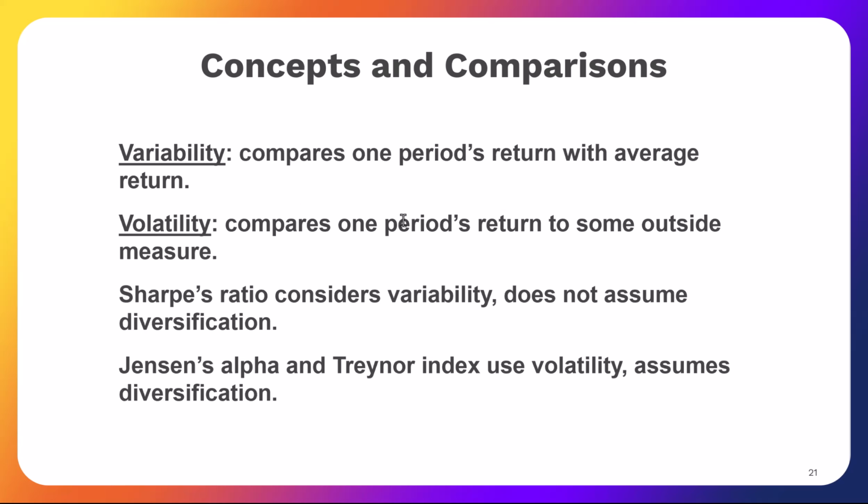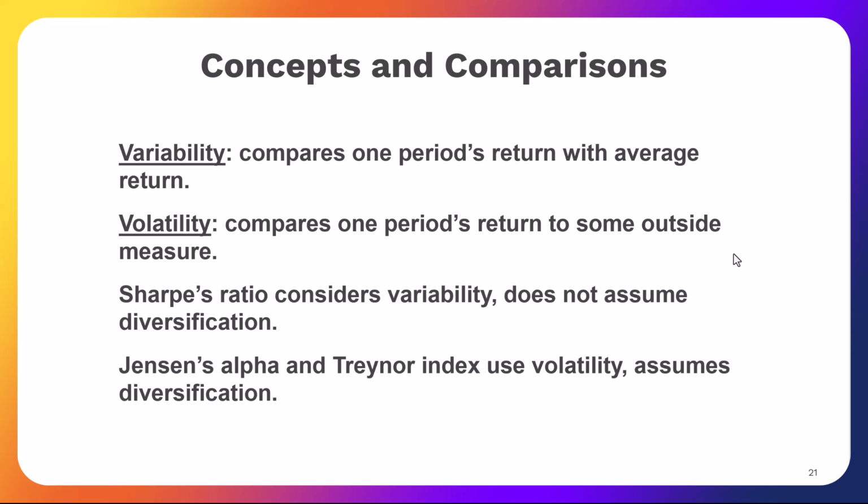So let's think about just some basic concepts. If we're measuring variability, we're looking within the asset's returns and an average. So we're kind of looking at historical information. Volatility, though, compares one period's return to some outside measure. So if I were measuring the changes in returns compared to the changes in the stock market, that would be volatility.